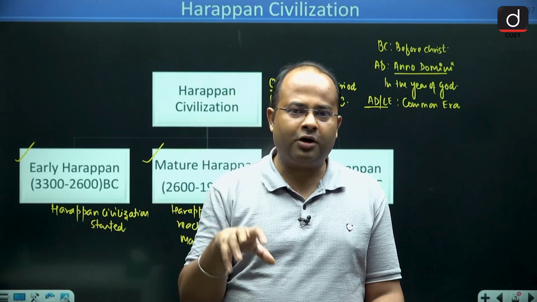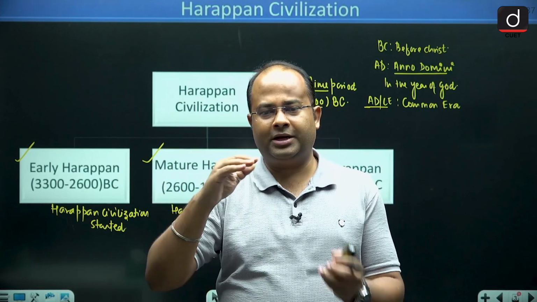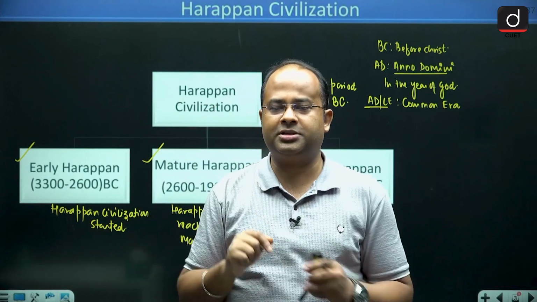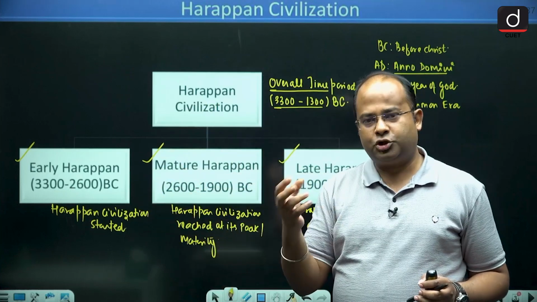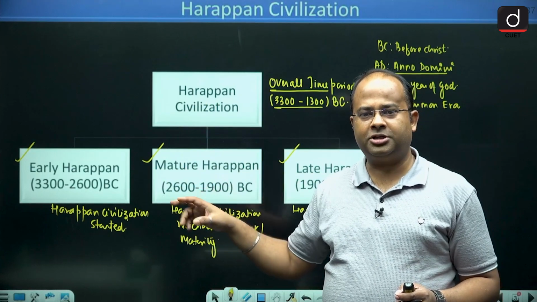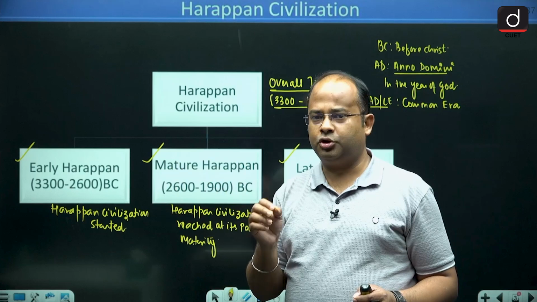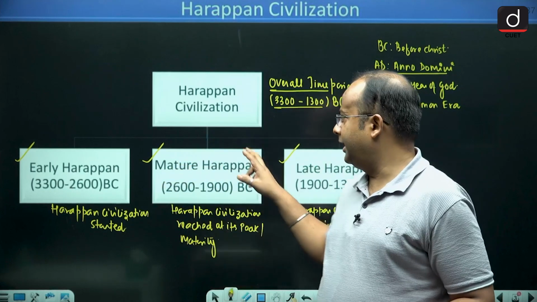Why is this period taken as the official time period in some of the books? Because the mature phase is always taken as the ideal phase where the civilization reached its maturity. Since the mature phase is taken as the official period of that civilization, in some of the books it is written as 2600 to 1900 BC.